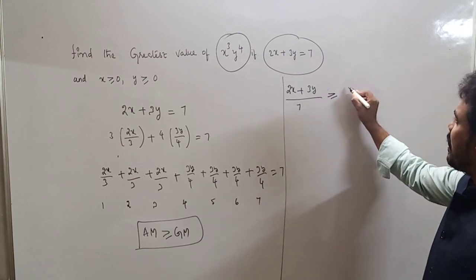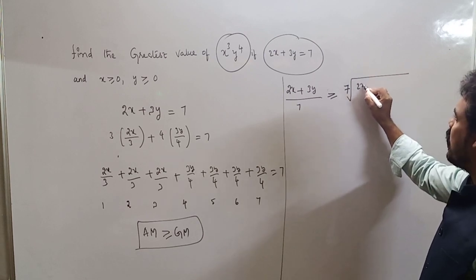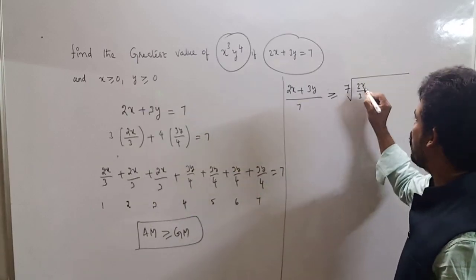7 quantities are there, so the 7th root of those. What are those? 2x/3, how many times? Three times, that means whole cube.